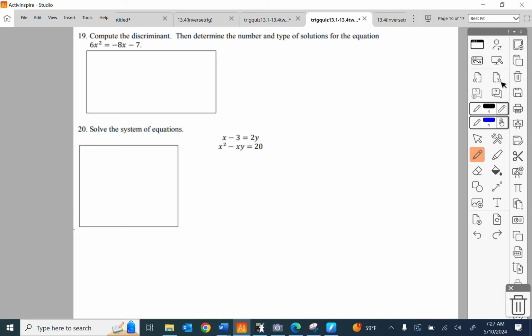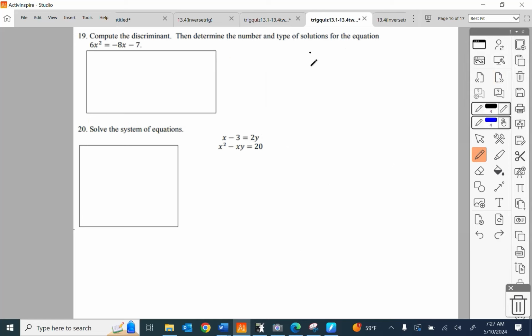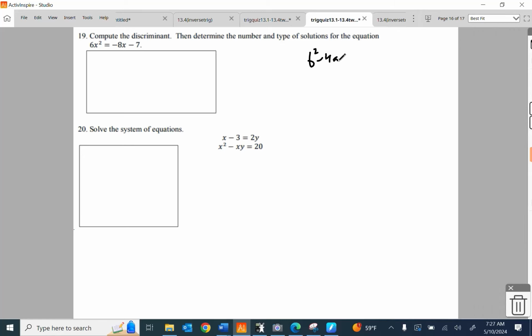All right, compute the discriminant and determine the number and types of solutions for the equations. The discriminant is b squared minus 4ac.